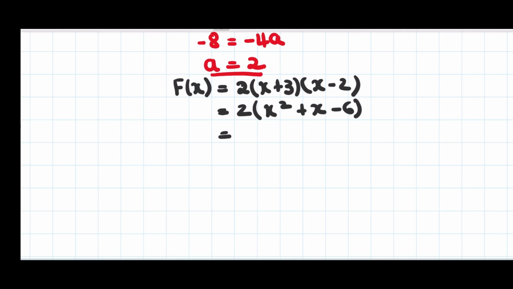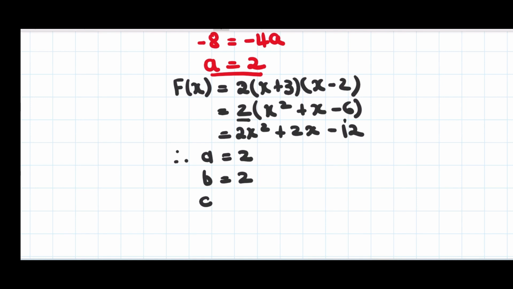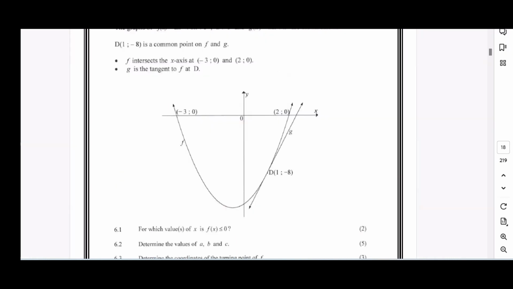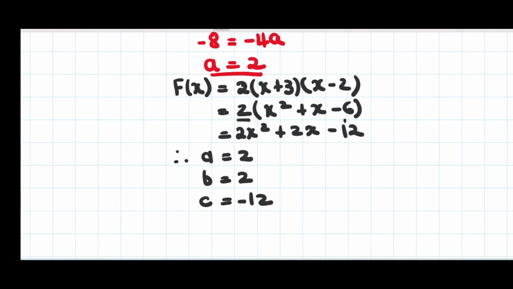Then we further simplify the whole expression, which is 2x² + 2x - 12, because it's 2 multiplied by -6. Therefore, the value of a is equal to 2, the value of b is equal to 2, and the value of c is equal to -12. With that, we have answered 6.2 for 5 marks.